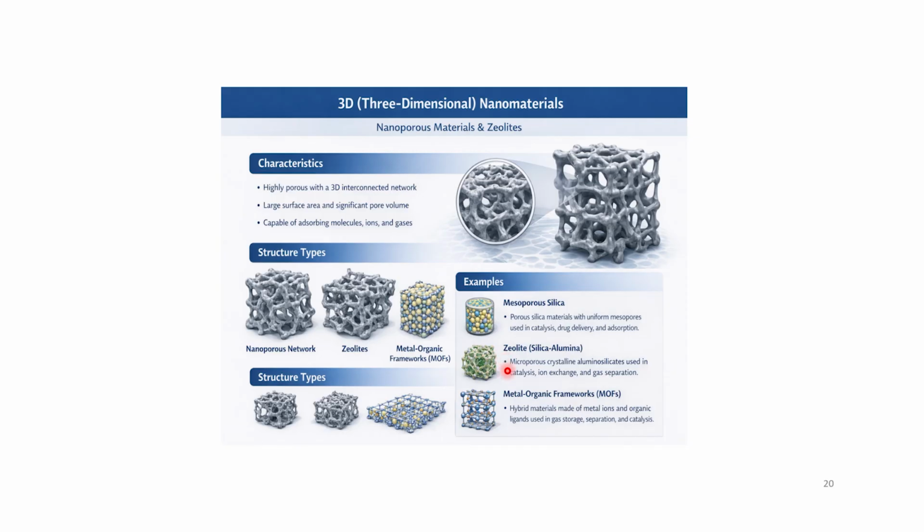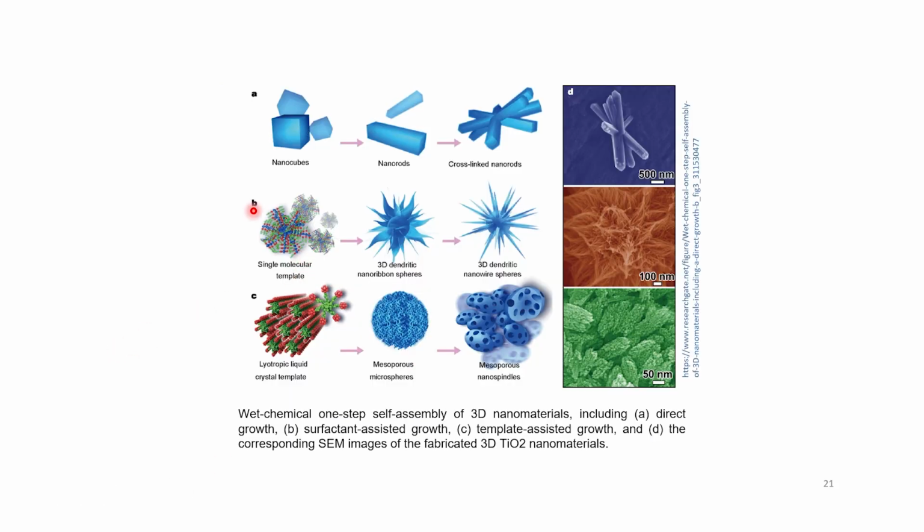And then there is zeolite, a microporous crystalline aluminosilicate used in catalysis, ion exchange and gas separation. Then metal organic frameworks, hybrid materials made of metal ions and organic ligands, are used in gas storage, separation and catalysis.